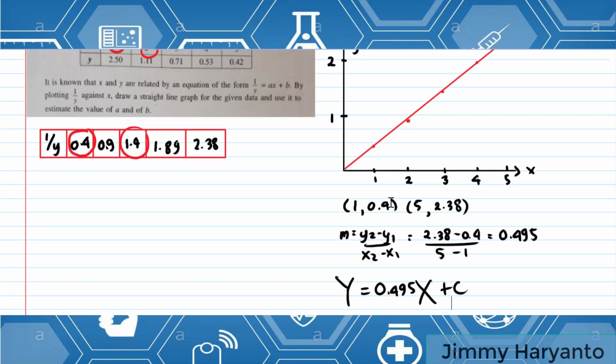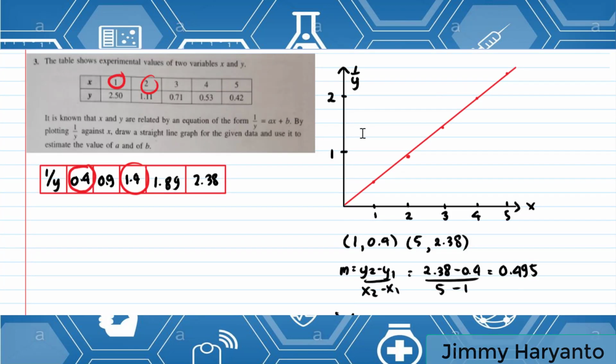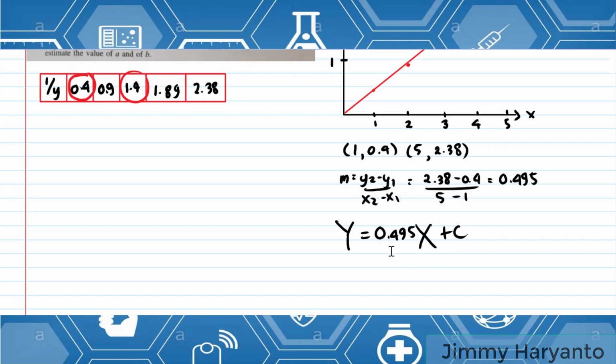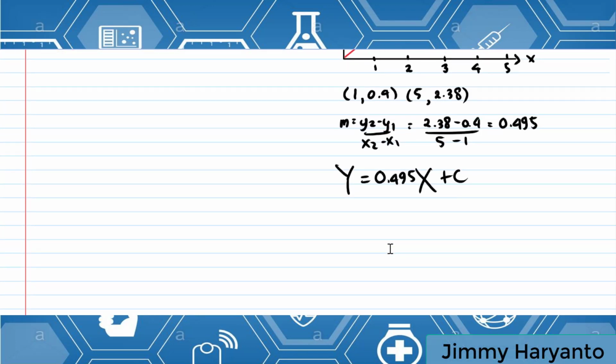If you look at the graph, the c should be 0, but to make sure, we just have to calculate it. Use the first point, which is 1, 0.4.